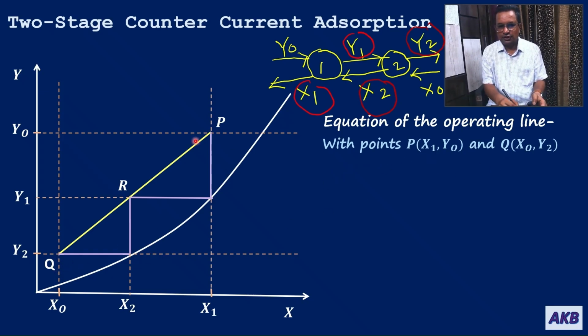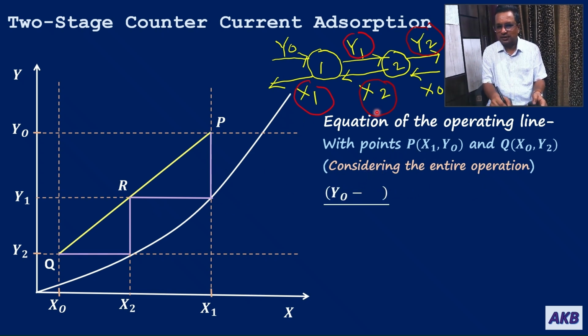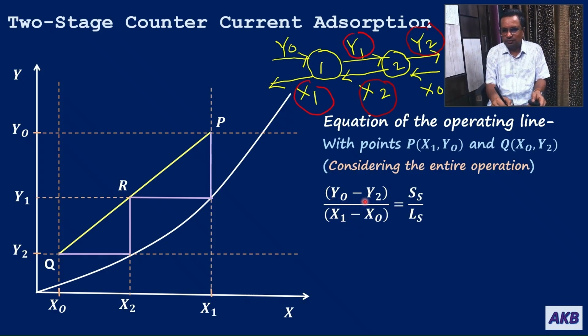Point P has coordinates of X1, Y0, and point Q has coordinates of X0, Y2. So considering the entire operation, the equation of the operating line will be written like this: capital Y0 minus capital Y2 upon capital X1 minus capital X0, that is equal to SS upon LS.